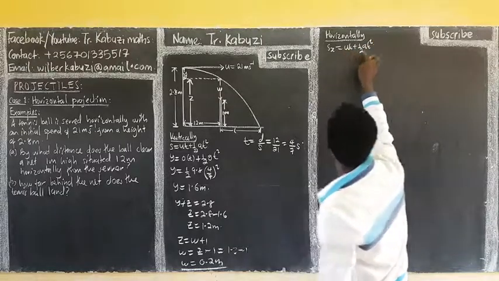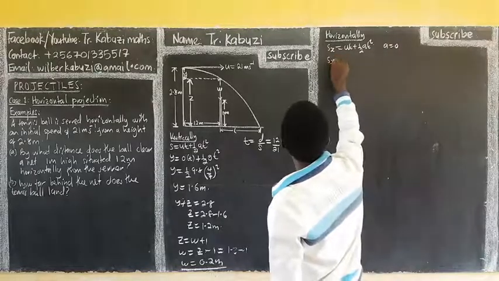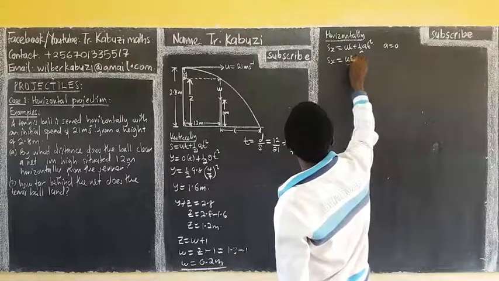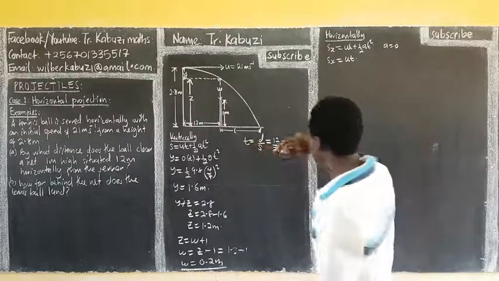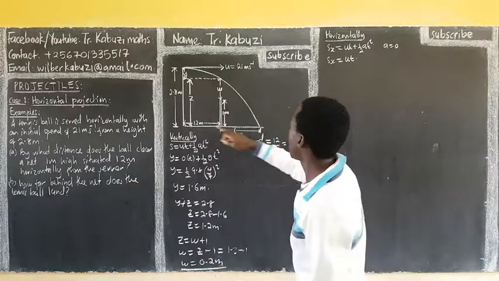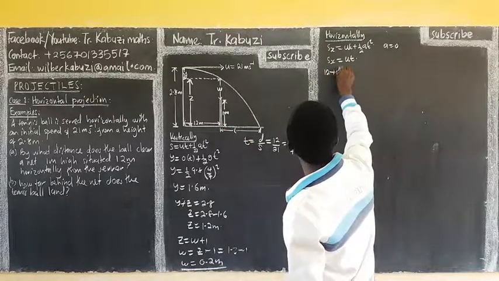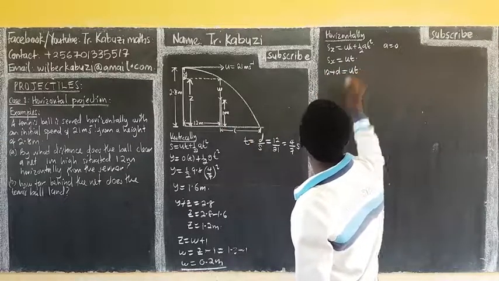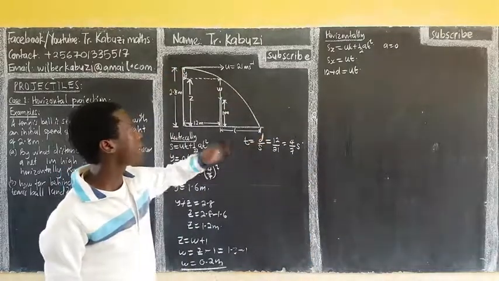But horizontally, the acceleration is 0, so our SX is going to be UT. Now, what is this S? This S is the distance from here up to here, which is 12 plus D, to be equal to UT, where T is the time from here up to here.